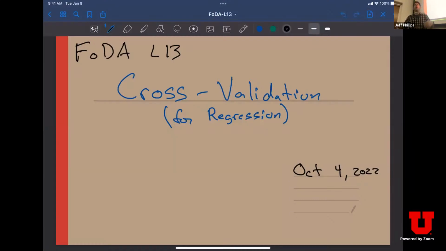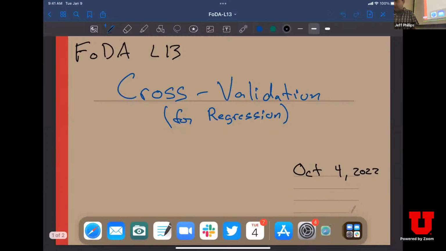But we finally have a good example now in polynomial regression, where we can really look at the issues and understand all the parts that are involved here.